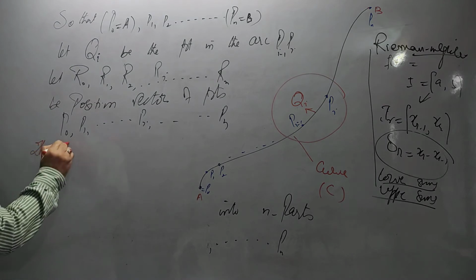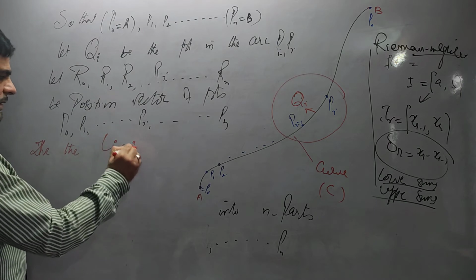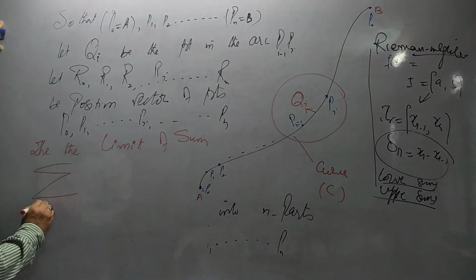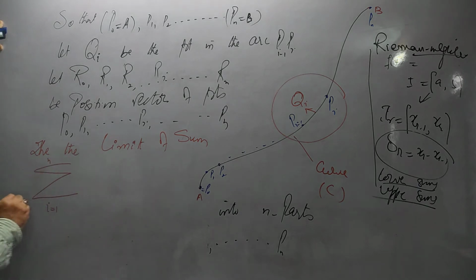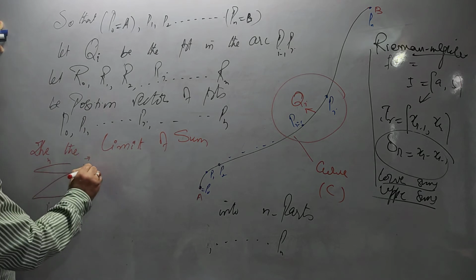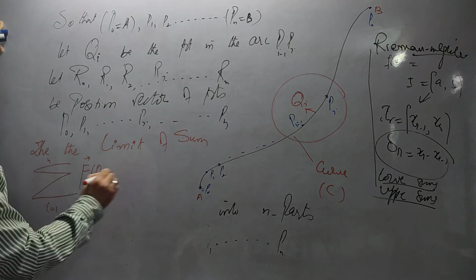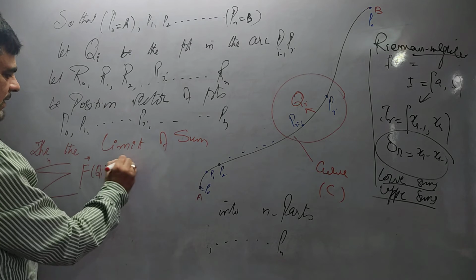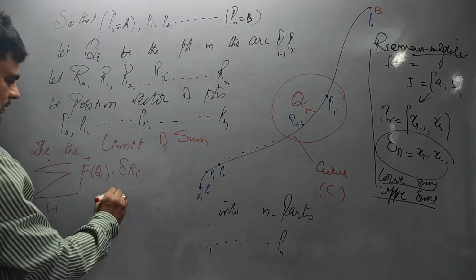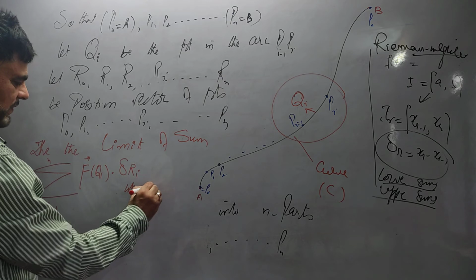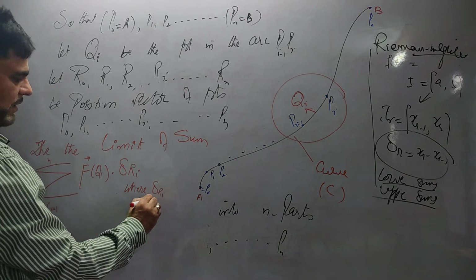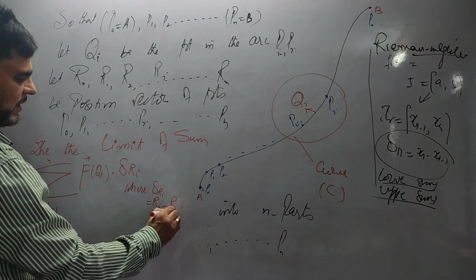The limit of sum: summation of i running from 1 to n, our function f at this point Qi, dot delta ri, where delta ri is ri minus ri minus 1.